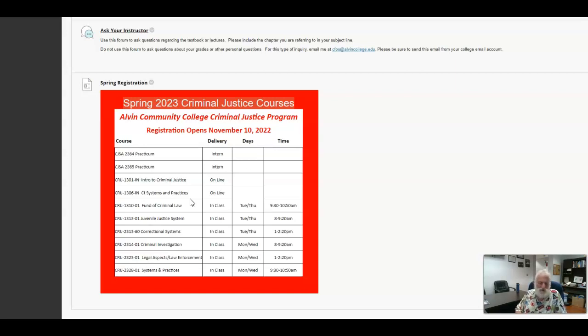Instead of a case review, you'll have a research paper in the Introduction to Criminal Justice class. In the court systems class, you'll have a court observation paper where you'll attend a court somewhere for at least 2 hours. You'll write about the court and what you observed and things of that nature.